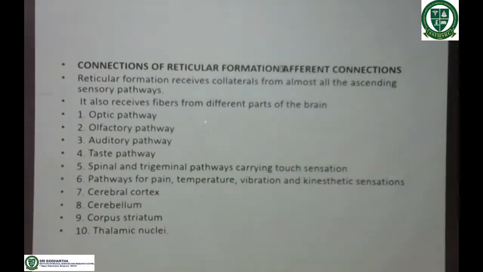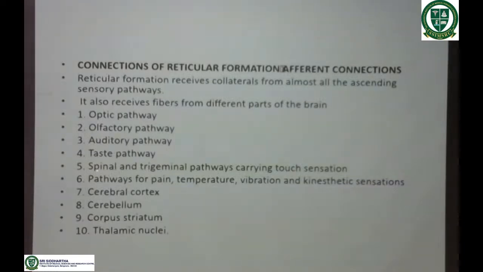It also receives fibers from different parts of the brain like the optic pathway, olfactory pathway, auditory pathway, and taste pathway. All these are what type of senses? They are the special senses. Okay, the optic, olfactory, auditory and taste pathways are the special senses.